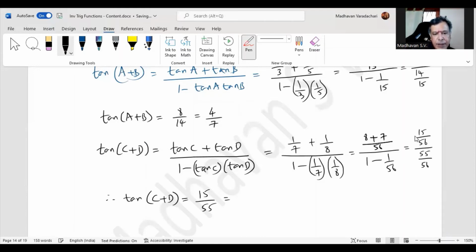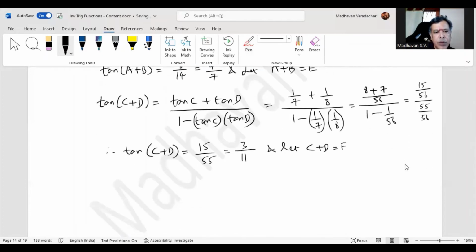Let us simplify this. 5 3s are 15, 5 11s are 55. Now, if we consider, let A plus B be equal to E, and let C plus D equal F.